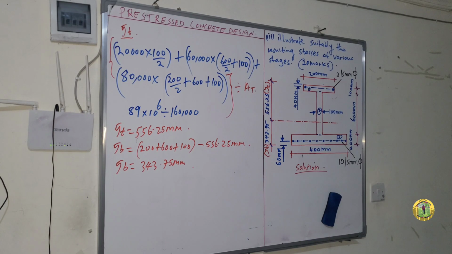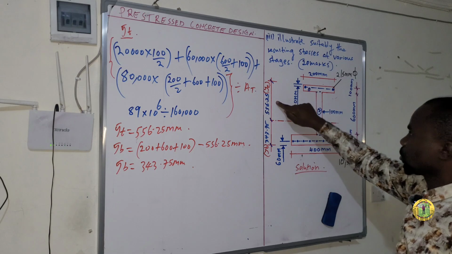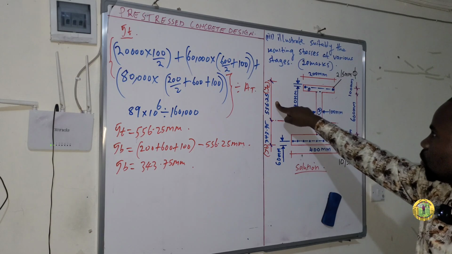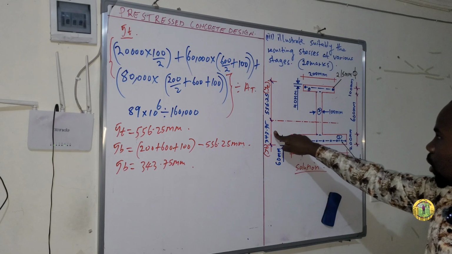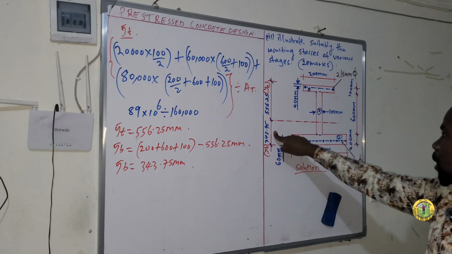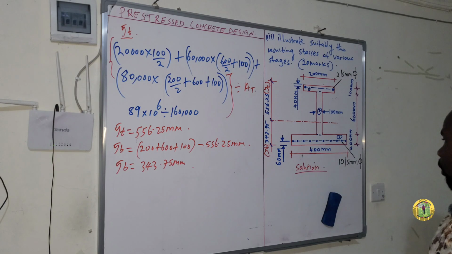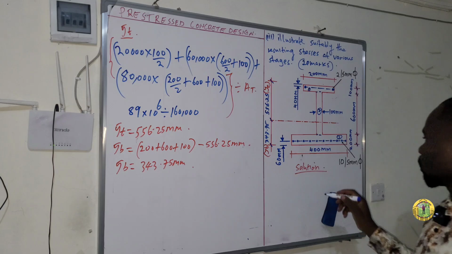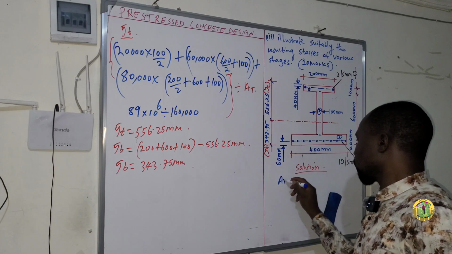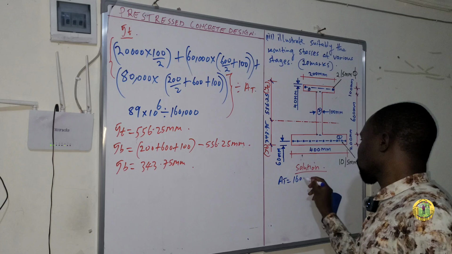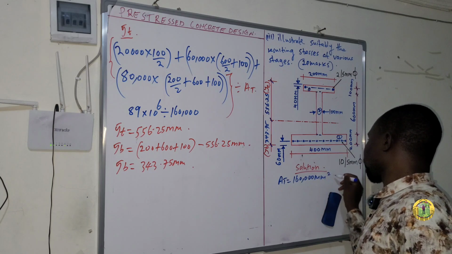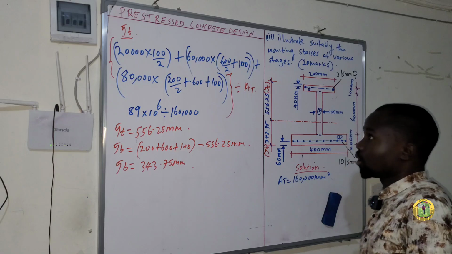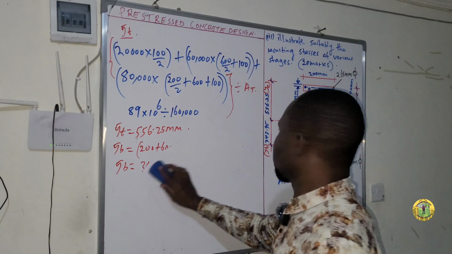As you can see in the figure, I have already indicated the y top, which is 556.25 millimeters, and the y bottom is 343.75 millimeters. So again, remember to write the total area. So area total is equal to 160,000 millimeter square.